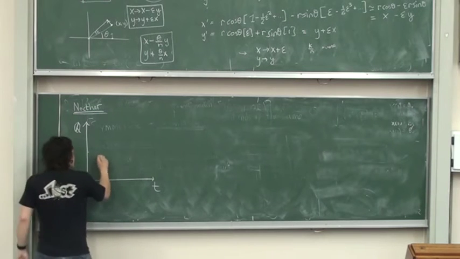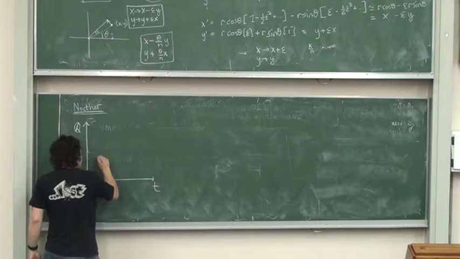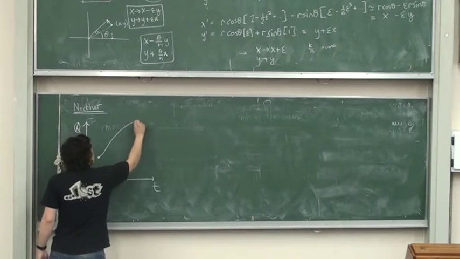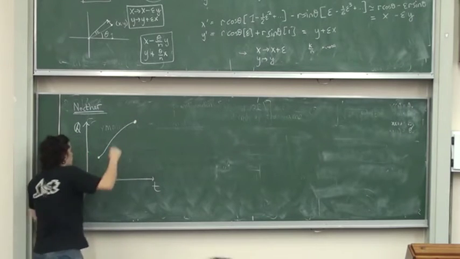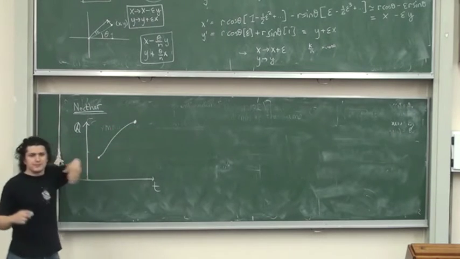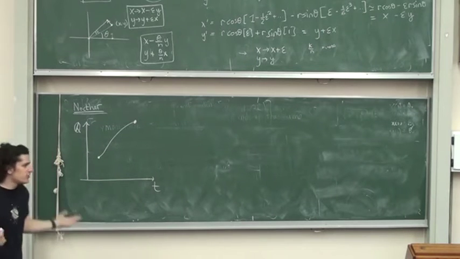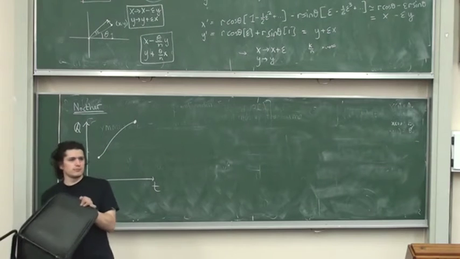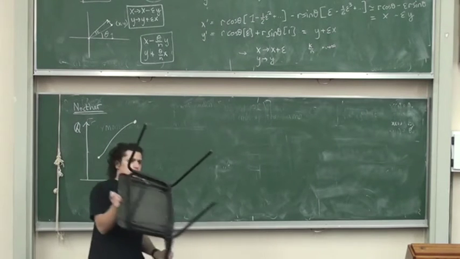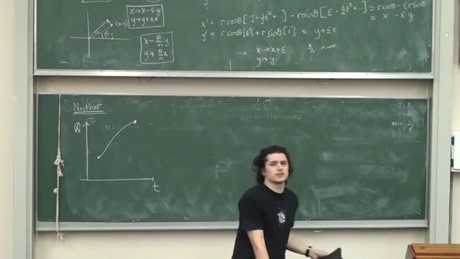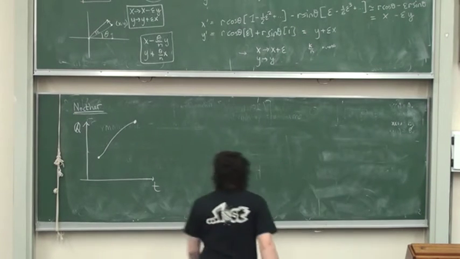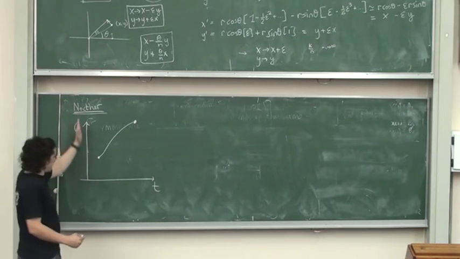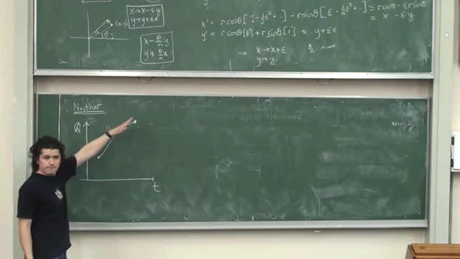As I move in time, I also move my position, my orientation changes. As I move this chair through time, its orientation and position are changing. And they trace out a path in the Q space as time goes by.